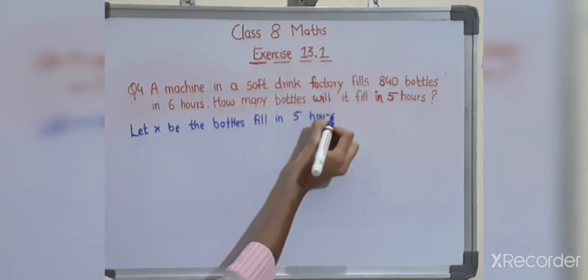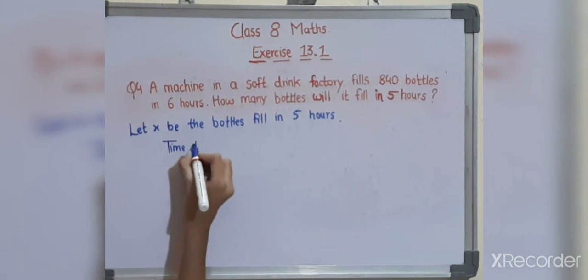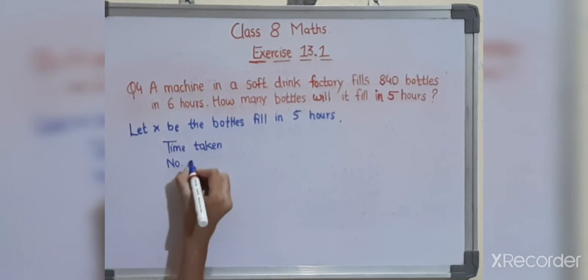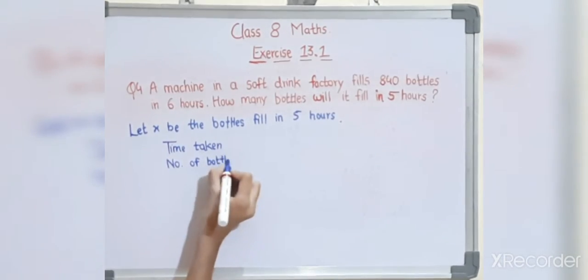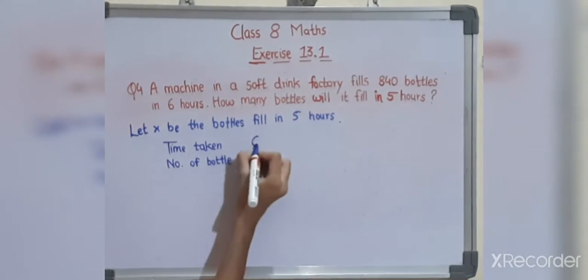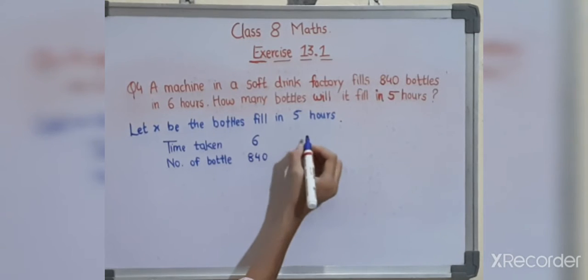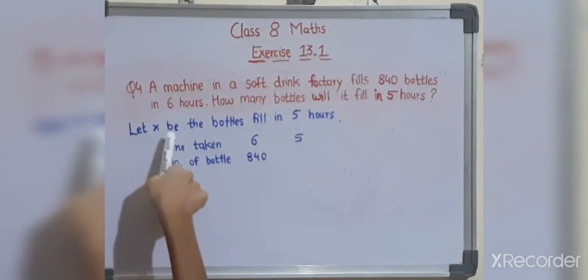So, time taken upon number of bottles. Time taken here is 6 hours, number of bottles are 840. Here time taken is 5 hours and number of bottles we need to find out. So we will take it as X.